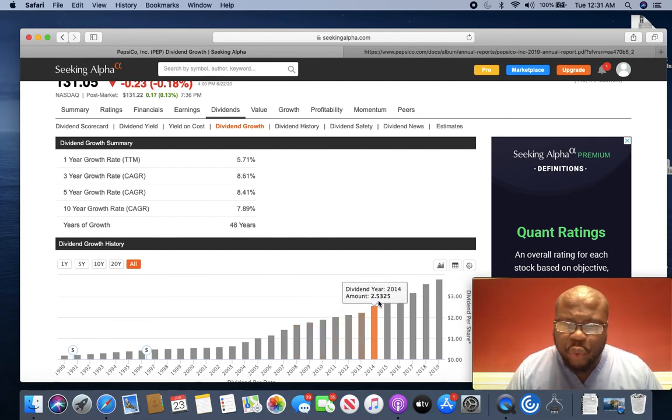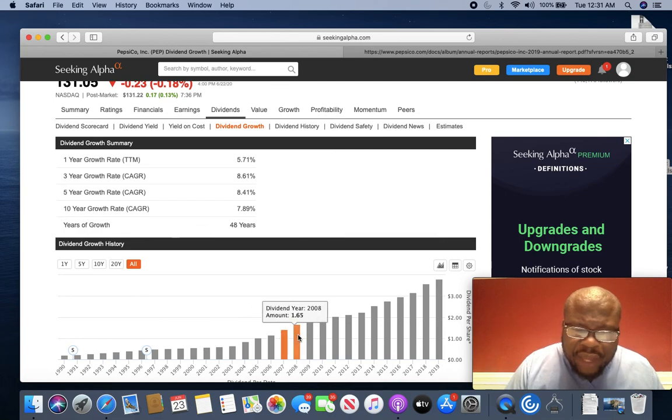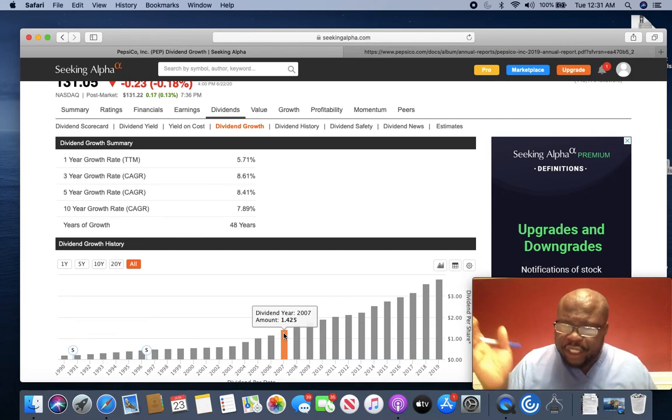Dividend growth. That's why we do the research, okay? If we were researching a company, let's go back, for example, 2008. This is the year, 2007, 2009. Always a good year to look at because that's the year of the Great Recession. A lot of companies cut their dividends, suspended it, decreased it.